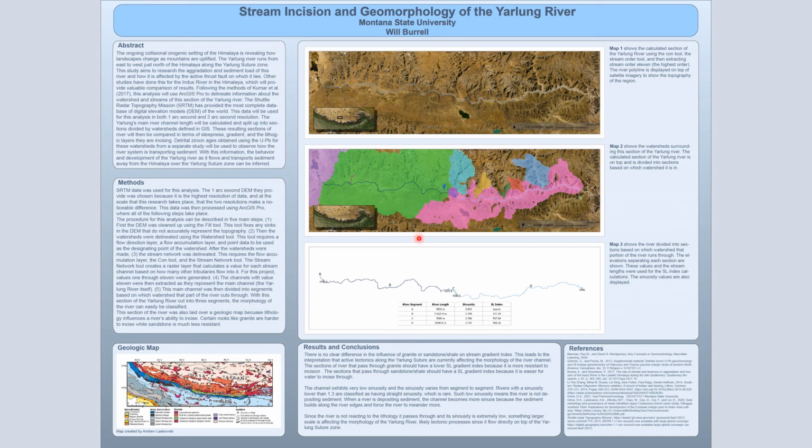In a softer rock like sandstone and shale, which is basically everything south of the tectonic fault, you'd expect the river to be a little bit steeper because it's easier for it to incise through those softer layers. And I didn't see any such pattern. Basically, this river isn't reacting to the rocks as it should, which I think makes it safe to say that there's a larger process, likely tectonics, that is affecting the way that this river looks.